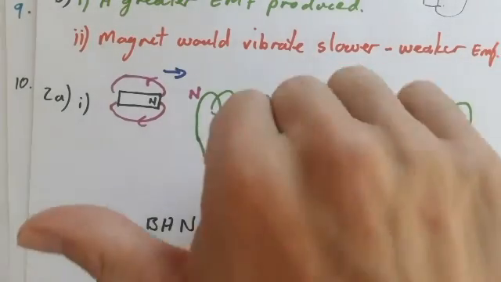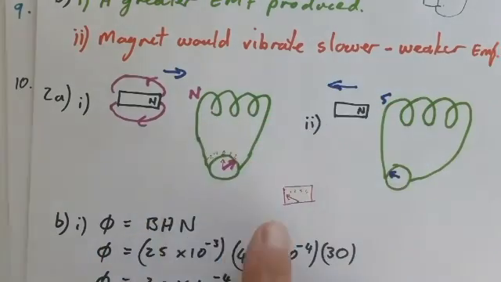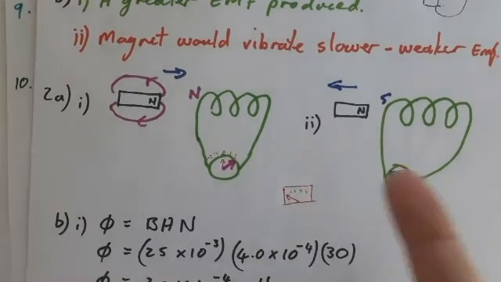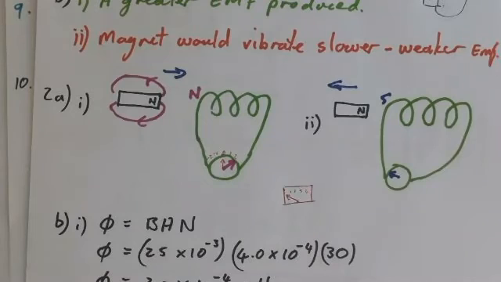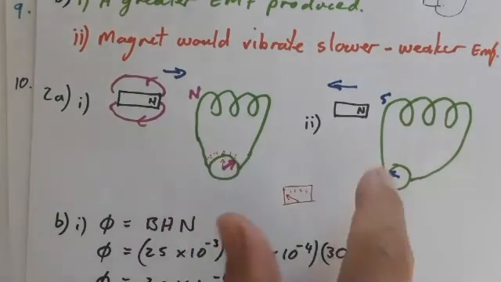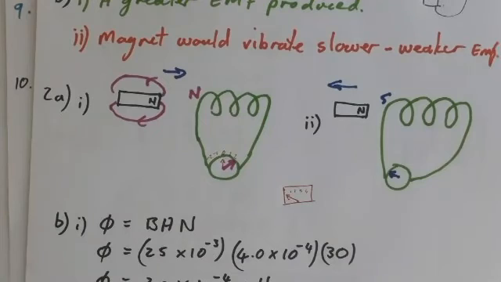Well, if there's a north there, my current will flow, and you talk about how your needle would move and which direction your current would tend to flow. And then the opposite as well. And that would be providing evidence to support Lenz's law. And that's it. So it's a lot of scribble, but if you have these two pictures, then I think you'll remember what to do.